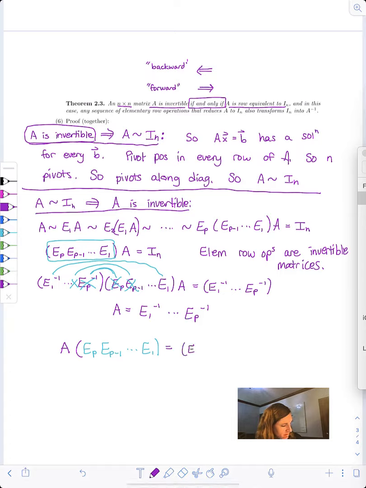Let's plug in the fact that A is E1 inverse through EP inverse, and notice that we're multiplying A times the inverse of the inverse, right? Because when we take the inverse twice, we get back what we started with. And so this winds up becoming the identity. So we have A times this thing equals the identity, and this thing times A equals the identity. So A is invertible.